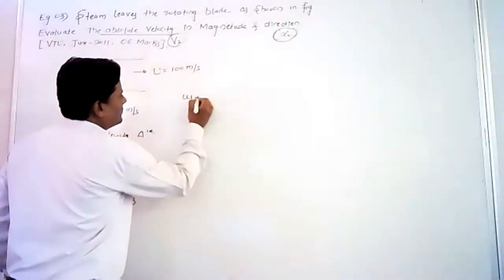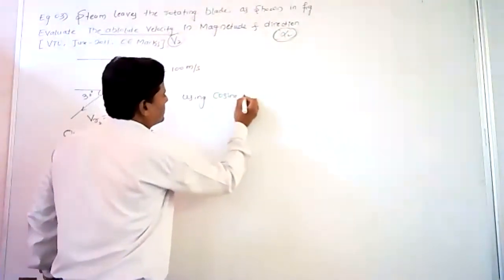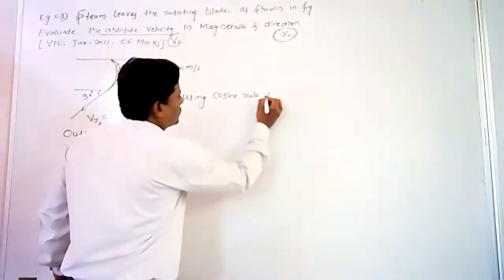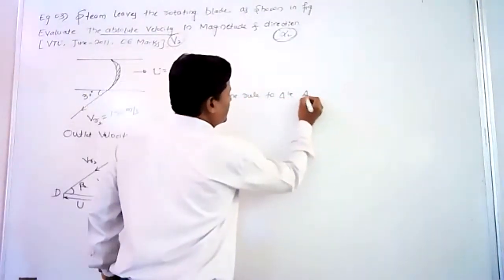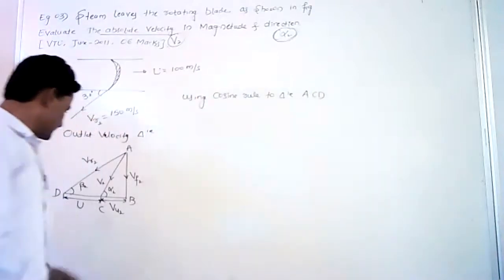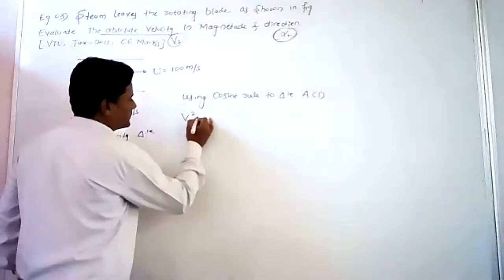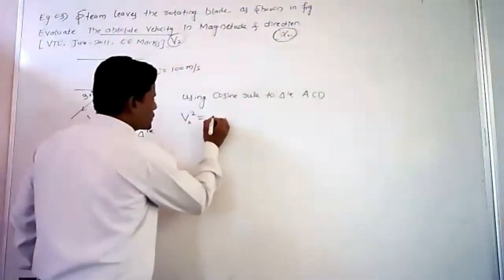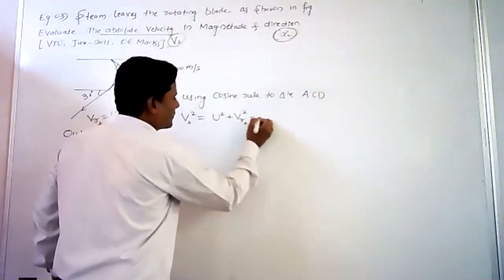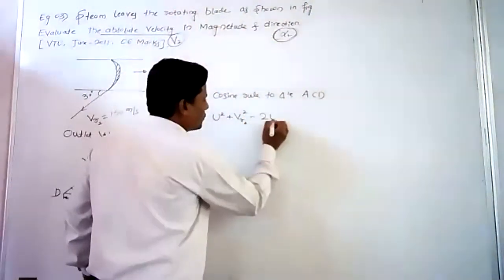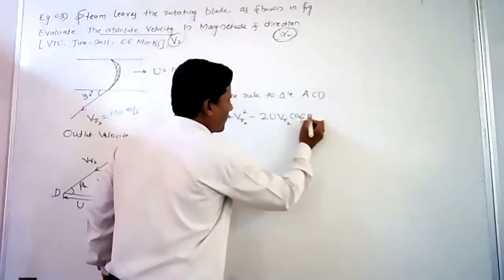Using cosine rule to the triangle ACD, V2 square equals U square plus VR2 square minus 2 U VR2 cos beta 2.